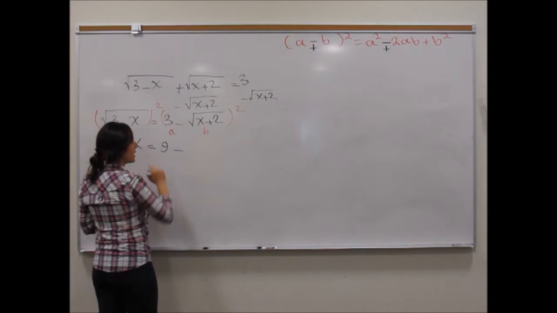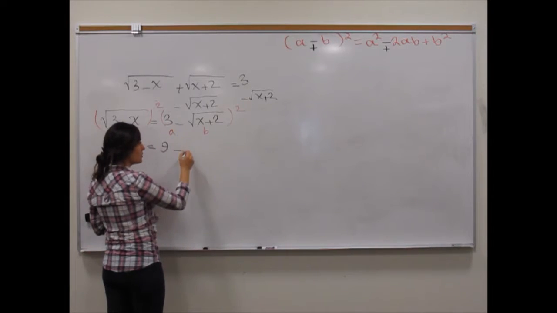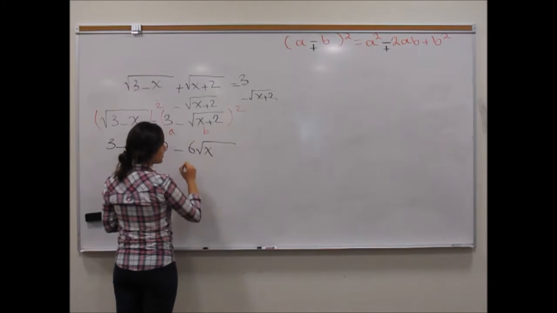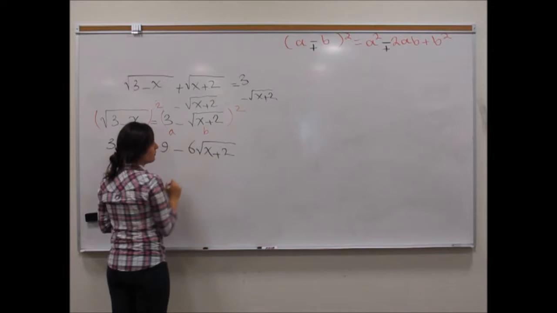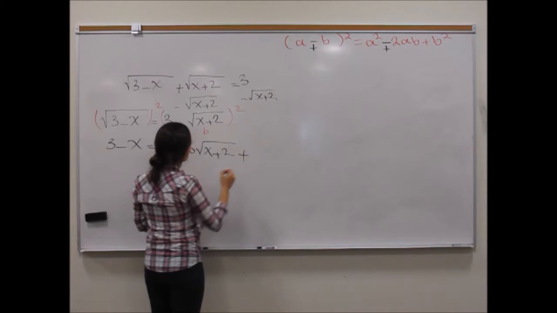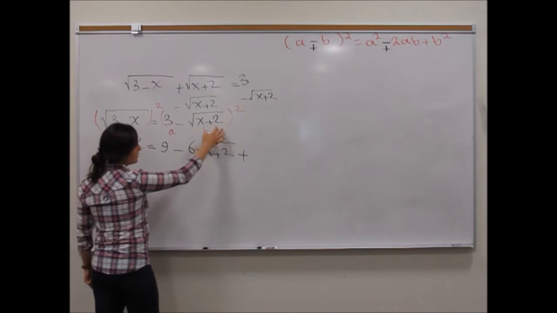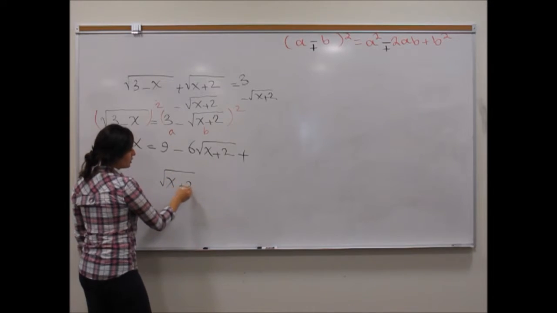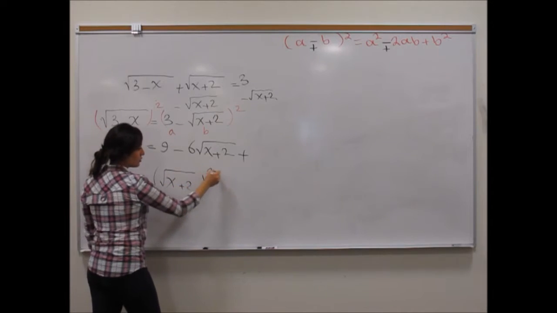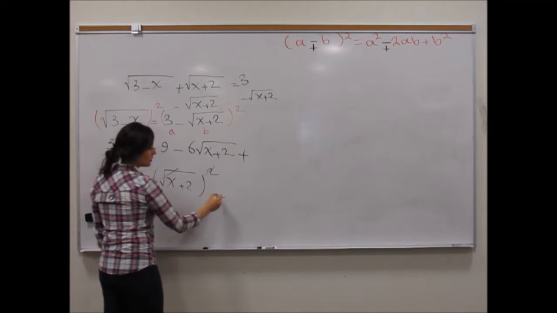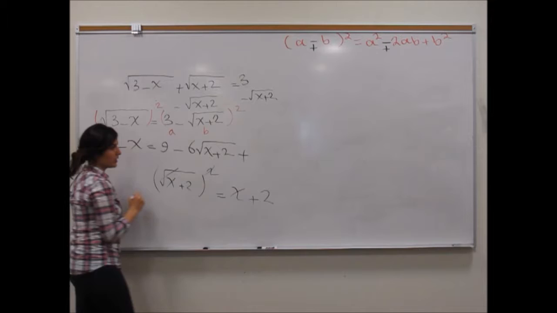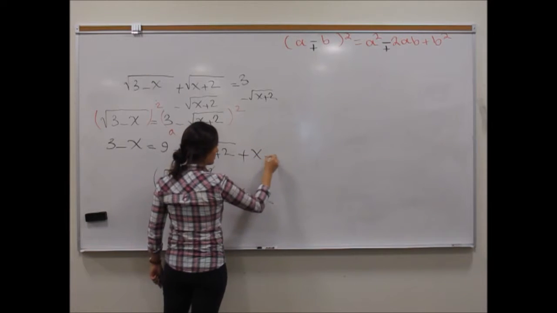So 2 times a would be 2 times 3, which is 6, times b, which is rad x plus 2, and then plus b squared. So I would have x plus 2, which is my b squared. These two would cancel each other, so I would have x plus 2. Okay, so I'm going to write that here.